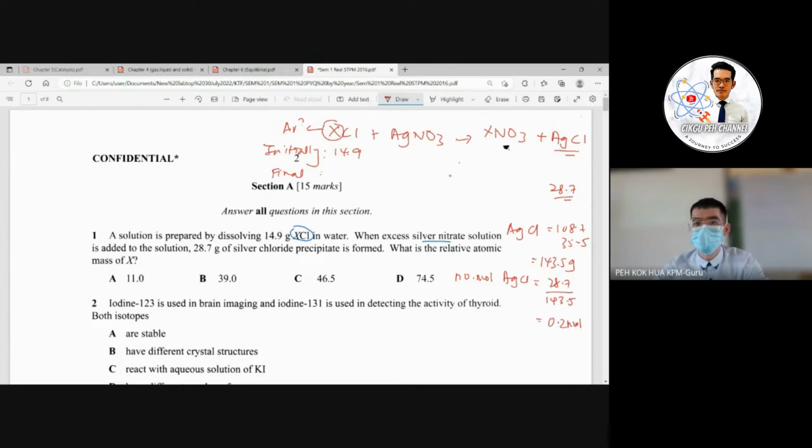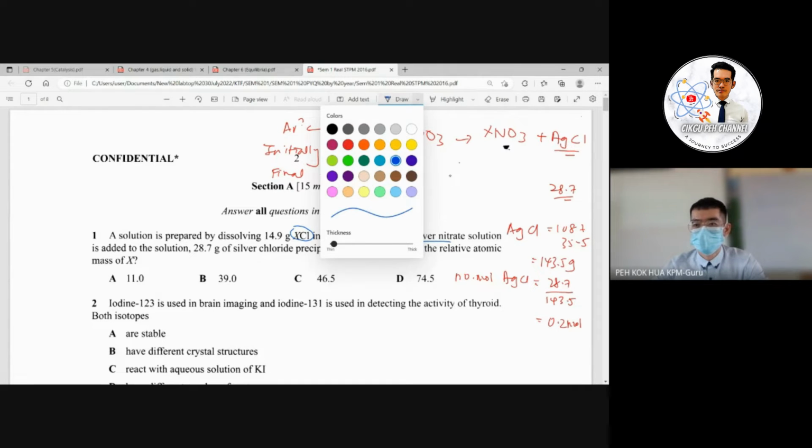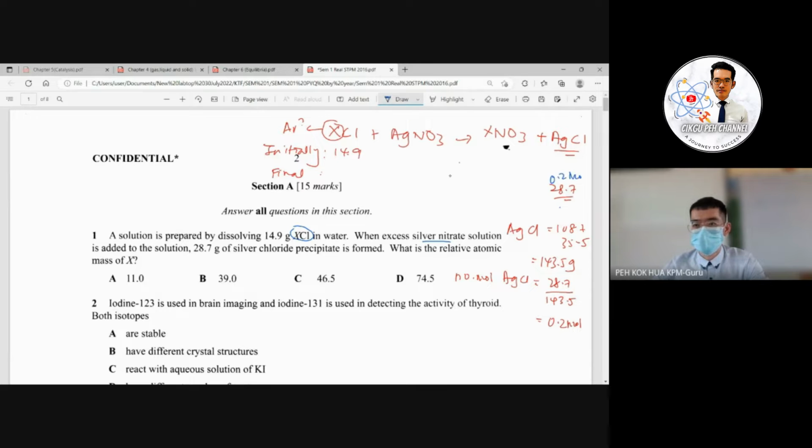So here 0.2 mole of silver chloride will be formed. According to this equation, 0.2 mole of silver chloride formed is also the same as 0.2 mole of HCl used. We know that the number of moles equals mass divided by the molecular mass, Mr, for the HCl.